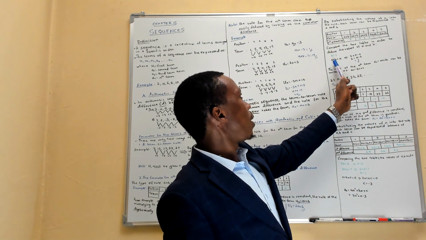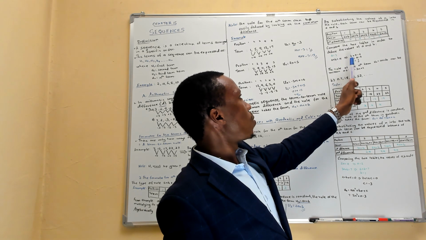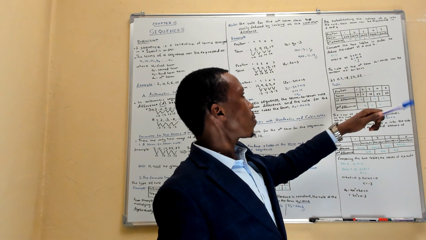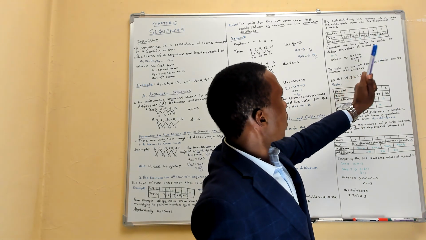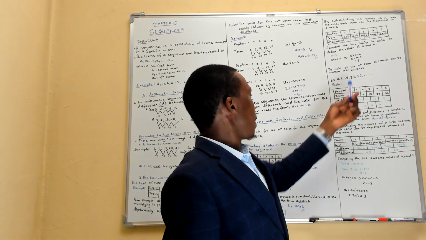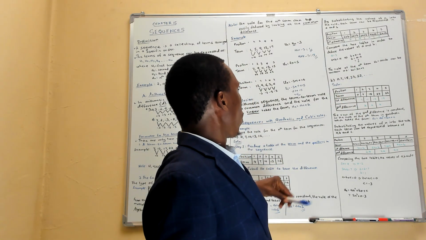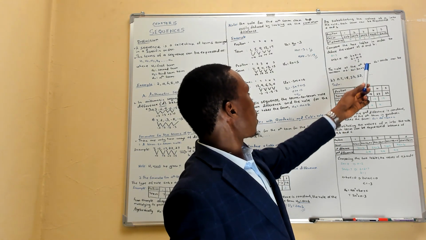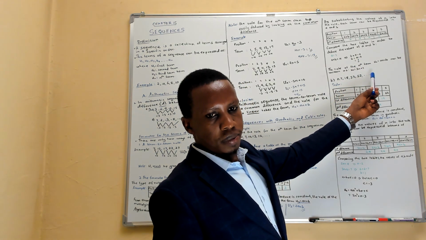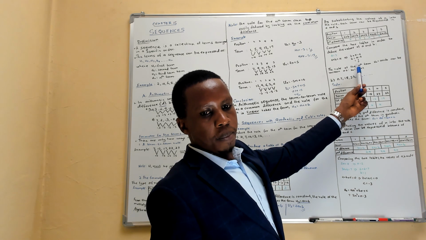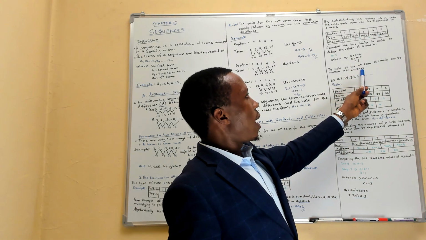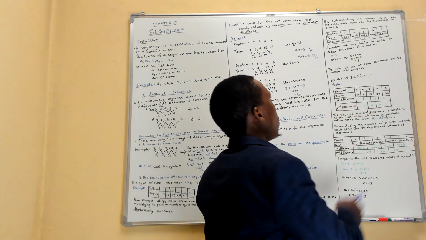So a plus b equals 4, and now I can find b as 1. Because I know b is 1 and a is 3, I can now say that this sequence was formed under the law of 3n plus 1.